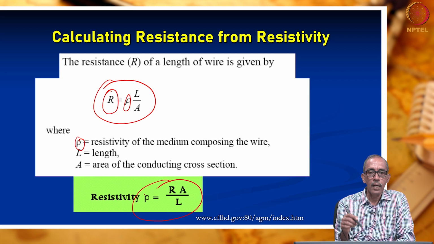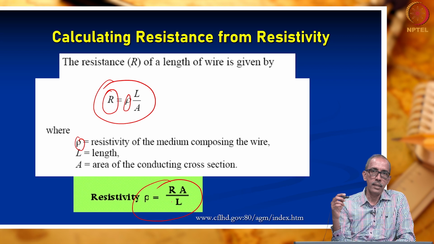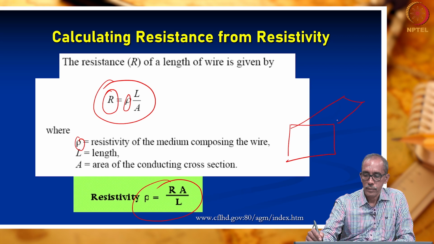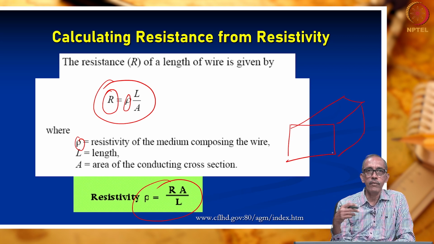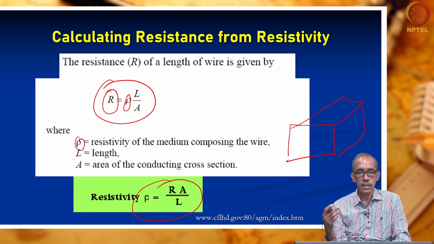As you see here, resistivity is equivalent to resistance multiplied by area divided by L, that is the length. So if resistance is known, we can determine resistivity. To determine resistivity, what is essential? We need to know the dimensions, that is the area as well as the length. Only then will we be able to change the resistance to resistivity.